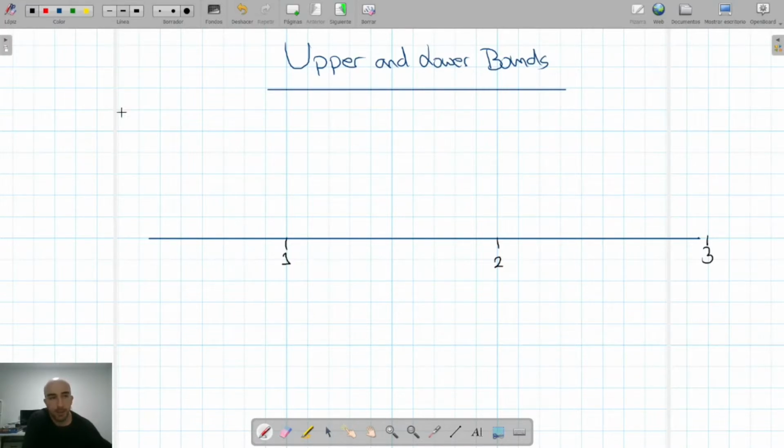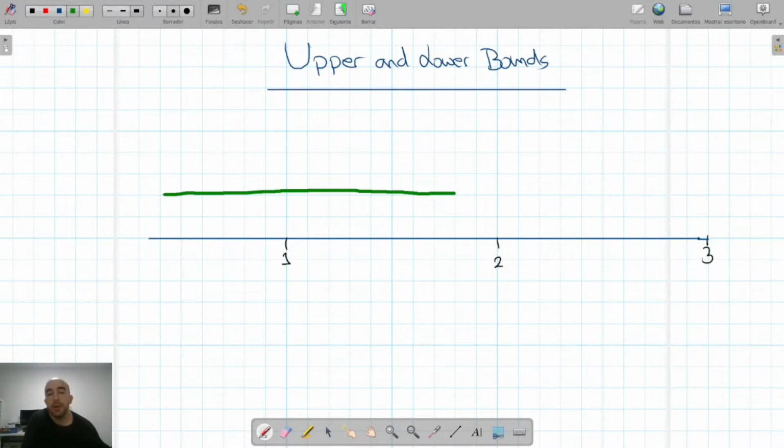I'll extend this, just give me a second. Imagine we're measuring something with this ruler and we have an object that gets to here.